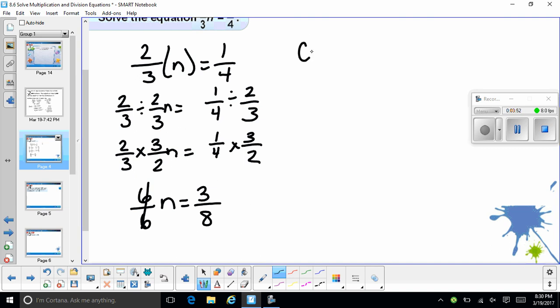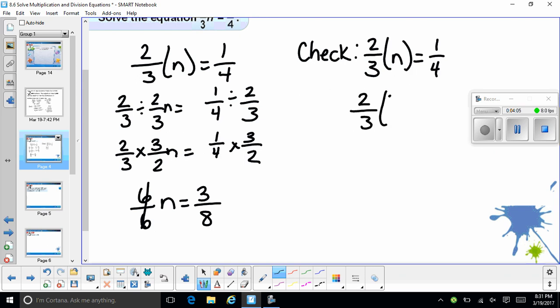I'm then going to go ahead over here and I'm going to complete my check. I rewrite my original equation and I'm going to plug in what n equals, which I believe is 3/8. I'm then going to go ahead and multiply. When we multiply fractions, we just multiply across.